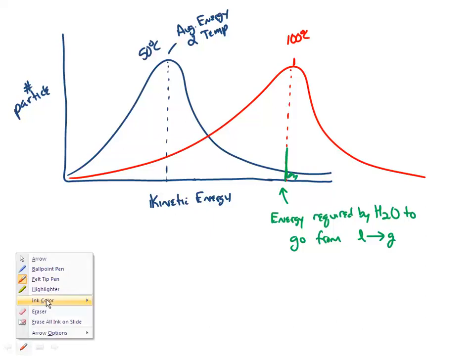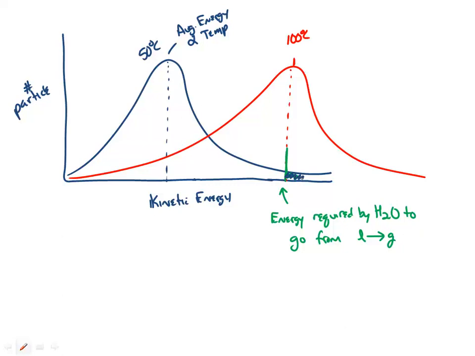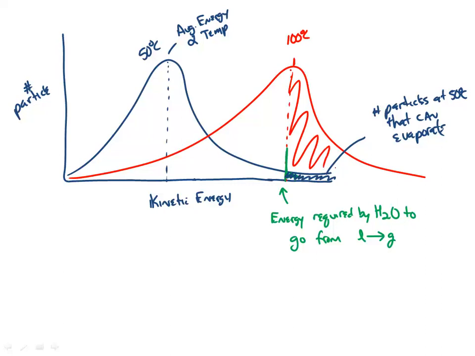So this is the number of particles at 50 degrees Celsius that can evaporate. And then notice that the red part, there's a whole lot more of those. Obviously at 100 degrees Celsius, lots of particles can evaporate.